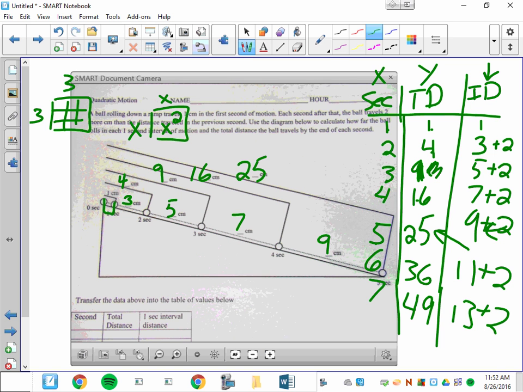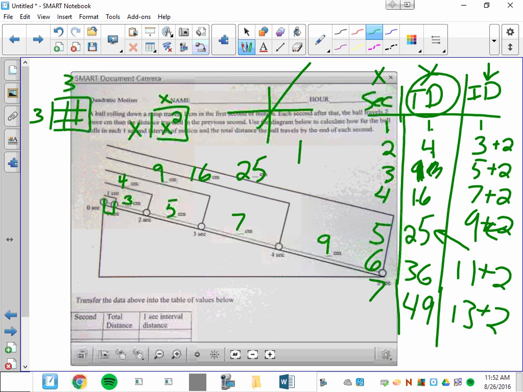So the amount traveled in any 1 second interval is linear. Okay? Well, if we were to graph that, it would look like this. What if I were to graph this column? Would it be linear? No, it's actually going to look kind of like this. What sort of equation is that?